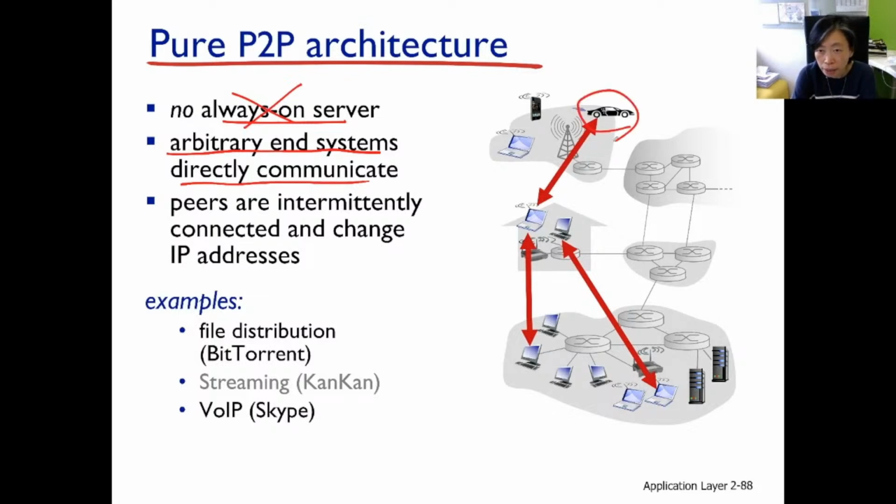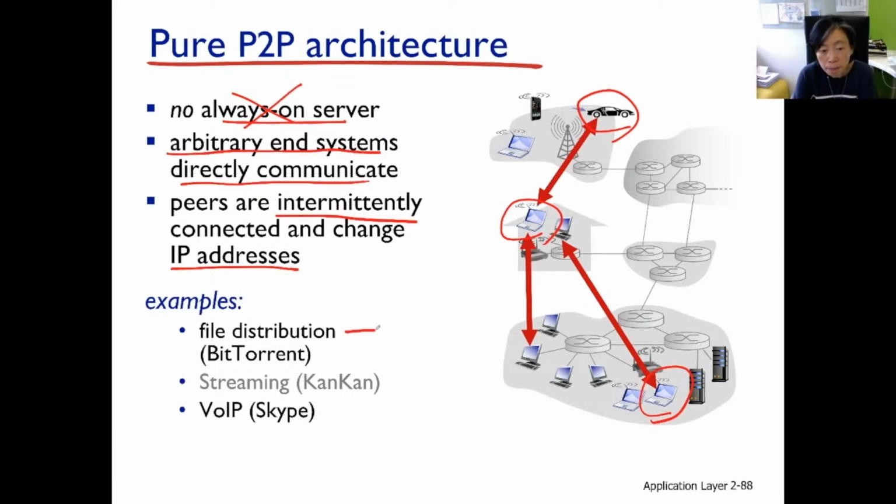These peers are very likely mobile end systems, so the connectivity there is intermittent, meaning loosely connected, on and off. And the IP addresses can also change over time. So it's actually hard to maintain a fully connected session as a user moving around, for example, on NTU campus.